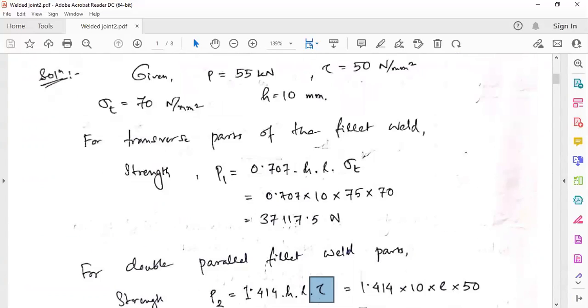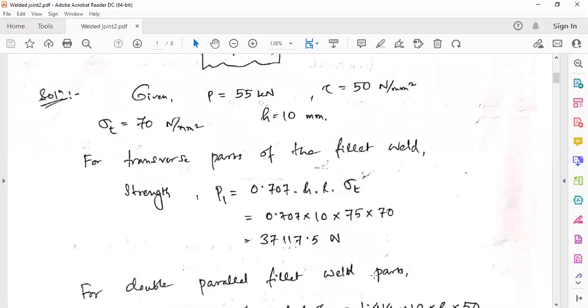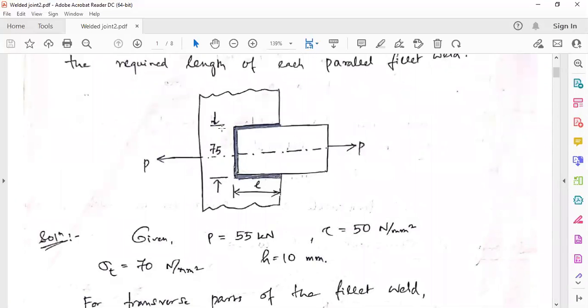Now you know the total force that is trying to separate the plates is 55 kilonewton, and the weld has to resist it. So the total resistance or total strength of the weld, by this one plus these two, has to be equal to this force, because these are resistances.